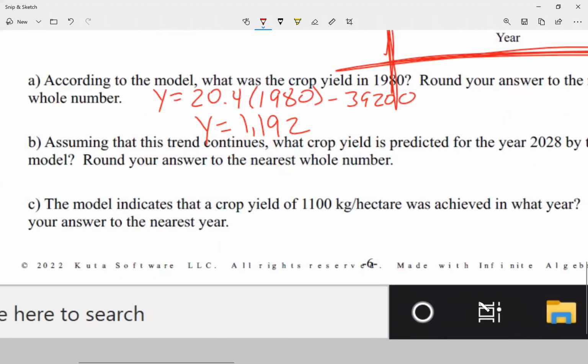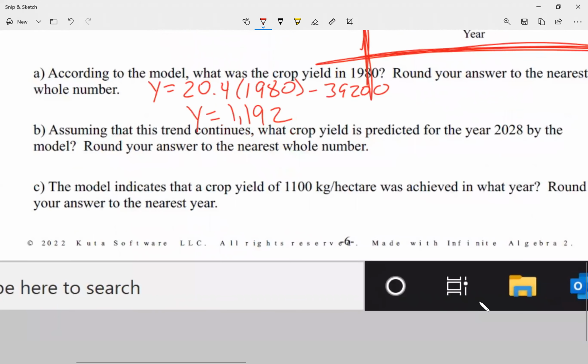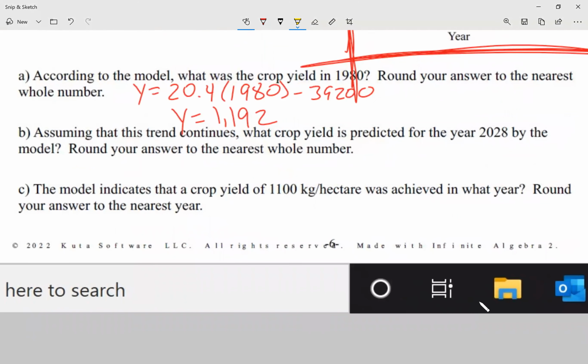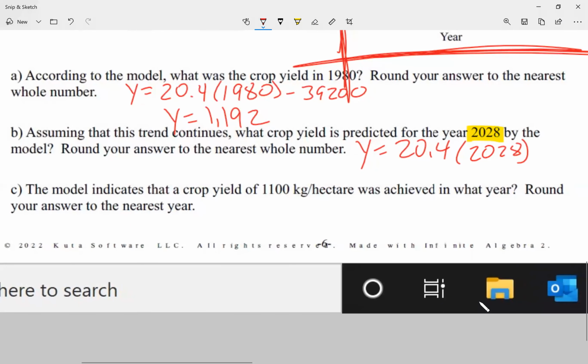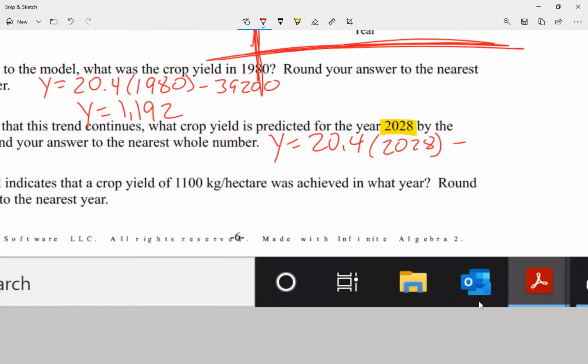Example B, assuming that this trend continues, what crop yield is predicted for the year 2028? Okay, the year 2028, so again, that's the X value. So let me use the equation. Y equals 20.4 times 2028 minus 39,200.